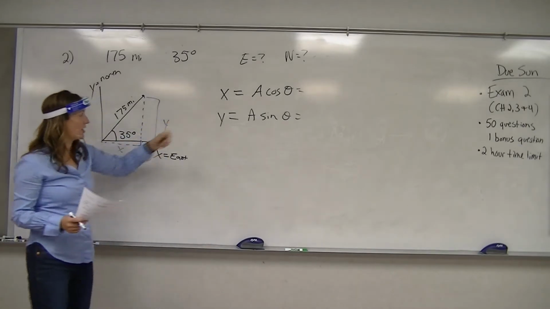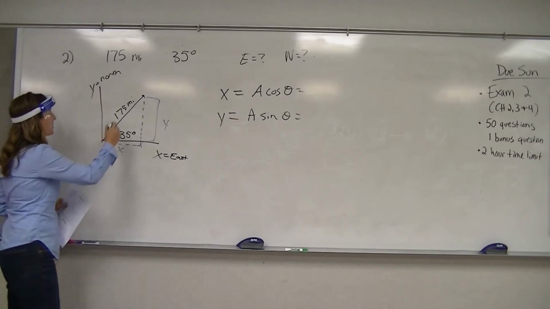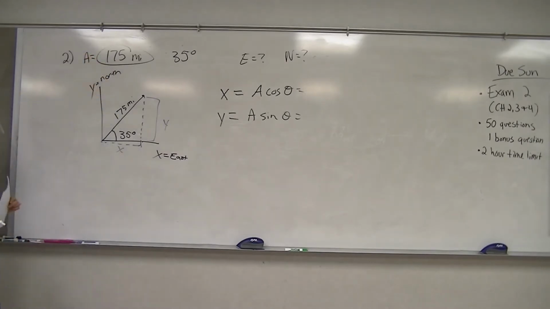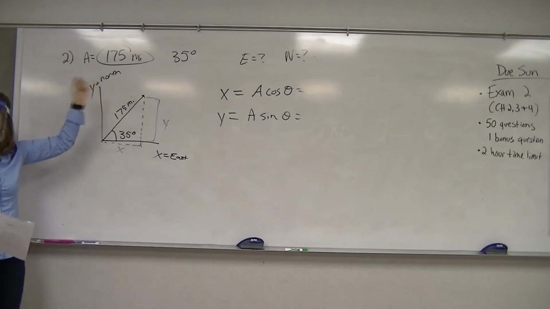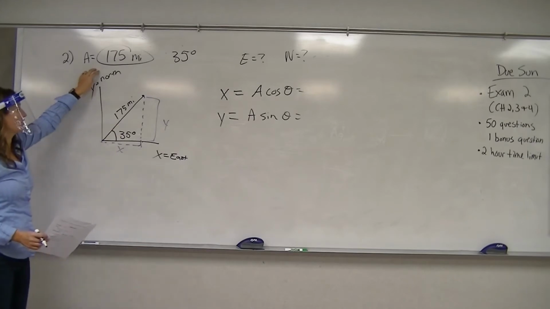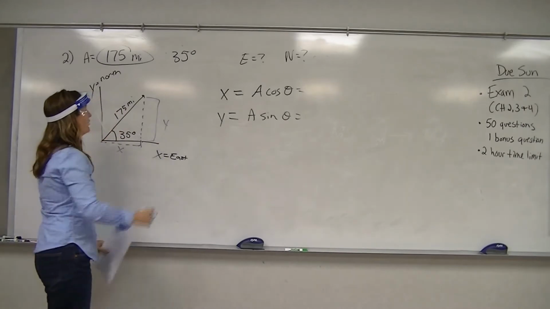So now you need to plug in, well, what's A out of these two? So A is your 175. And notice on vector problems, it's the one problem in physics that we don't have to convert to metric. You can leave it in miles. Okay? So this 175 is your A. Theta, the symbol here, that's your angle. That's your degree sign.